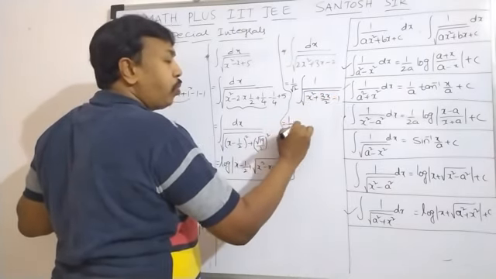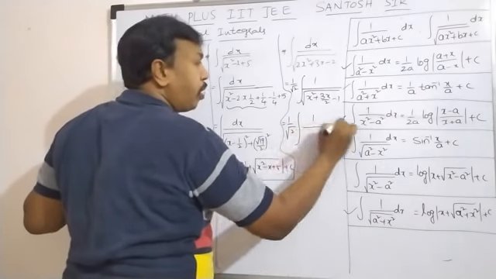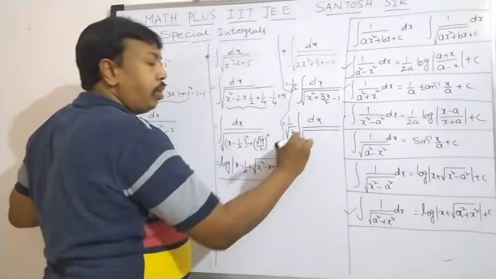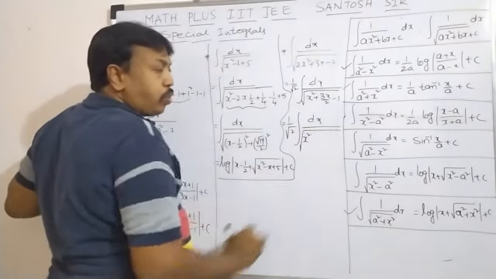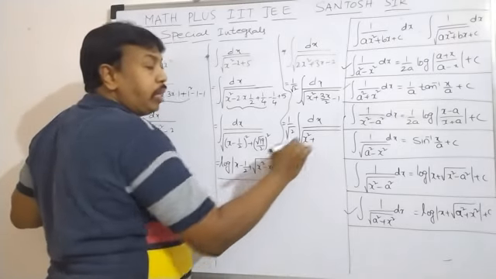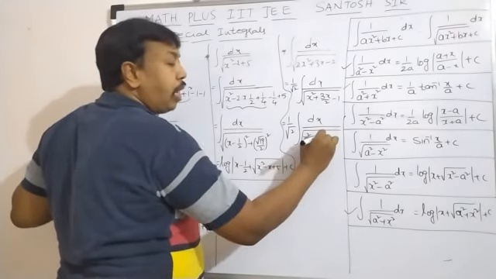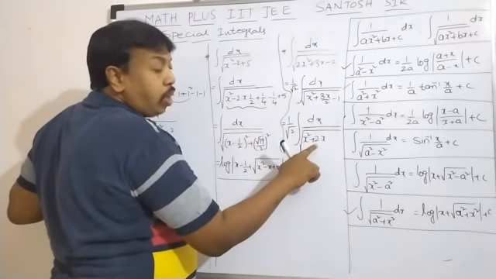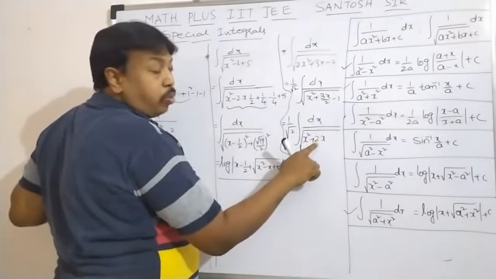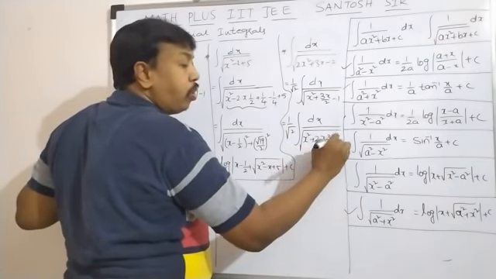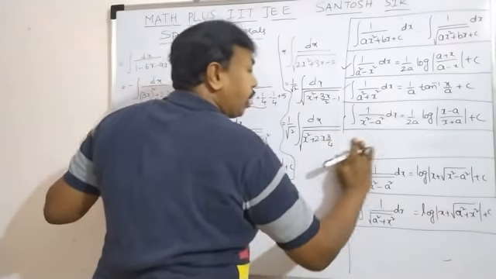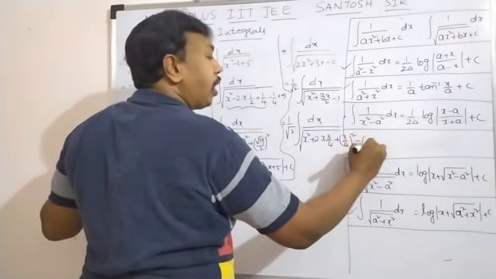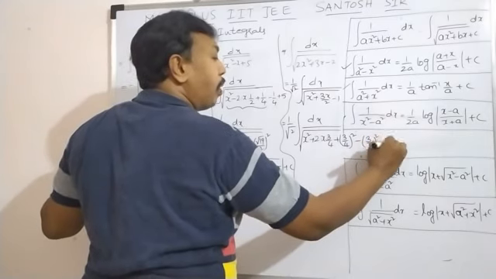So 1 upon root 2 into integral dx upon under root of, here what I am going to do is x square plus 2ab, that is 2 into x, in place of a we have x. So whatever the terms left, that is 3 by 2. So already we have multiplied by 1 by 2, so it becomes 3 by 4. Okay, so what I am going to do is I am adding 3 by 4 whole square and subtracting 3 by 4 whole square, again minus 1.